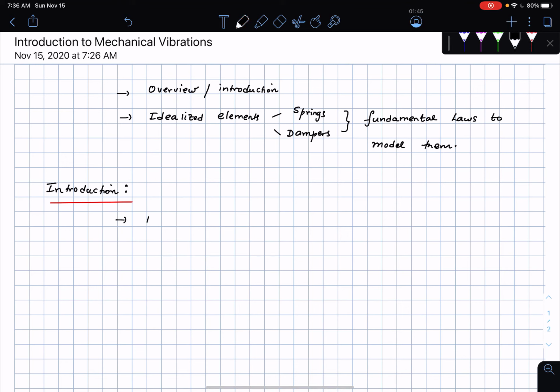Mechanical vibrations refer to the dynamic behavior of mechanical systems about certain equilibrium points.